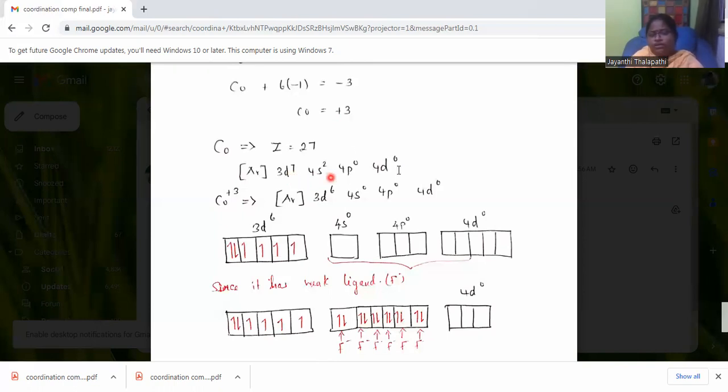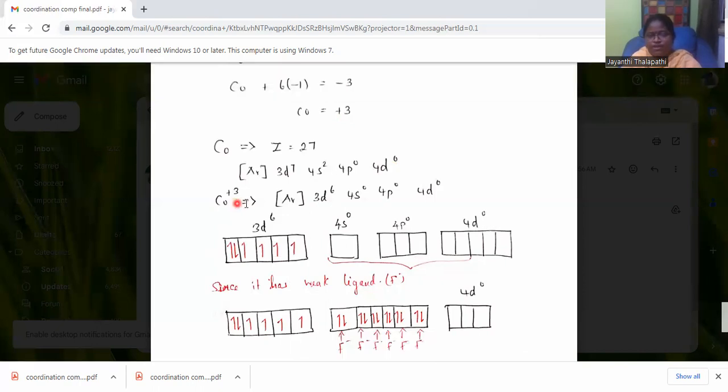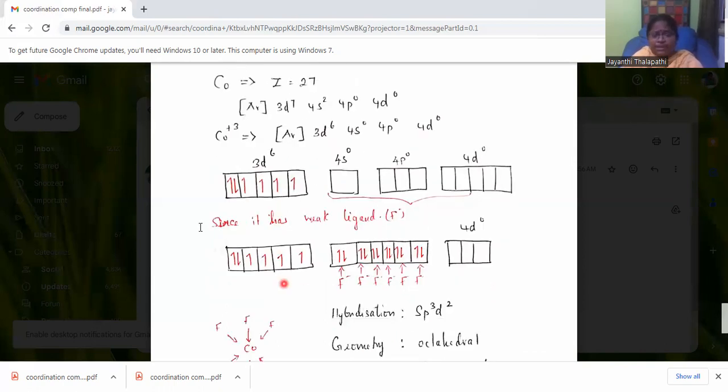It's not necessary to mention argon, but we are going to show it here. Cobalt's oxidation number is plus 3, so I have to remove 3 electrons: 2 electrons from 4s2 and 1 electron from 3d7. So it becomes 3d6, 4s0. Over here we showed 3d6, but we have seen fluorine is a weak ligand.